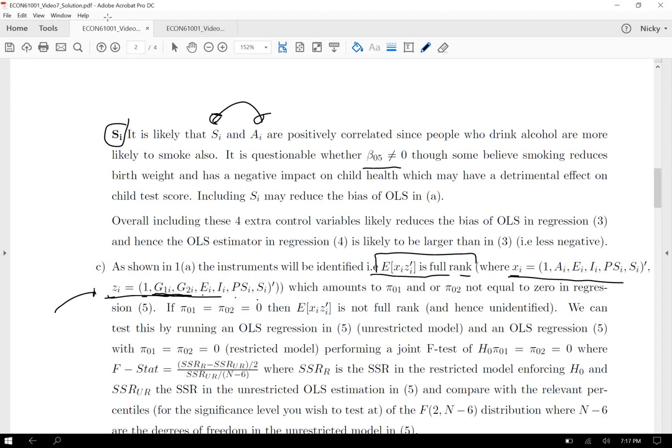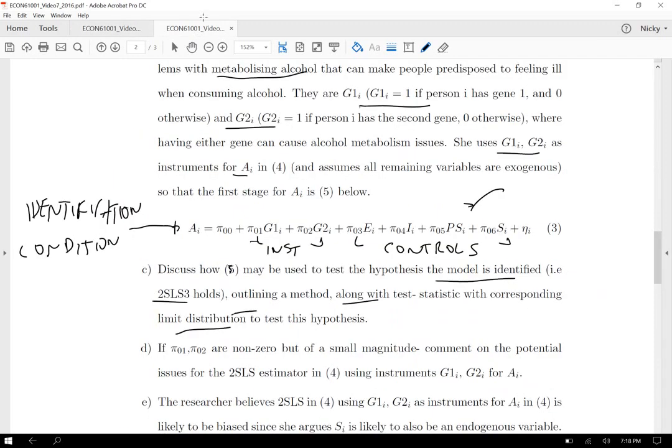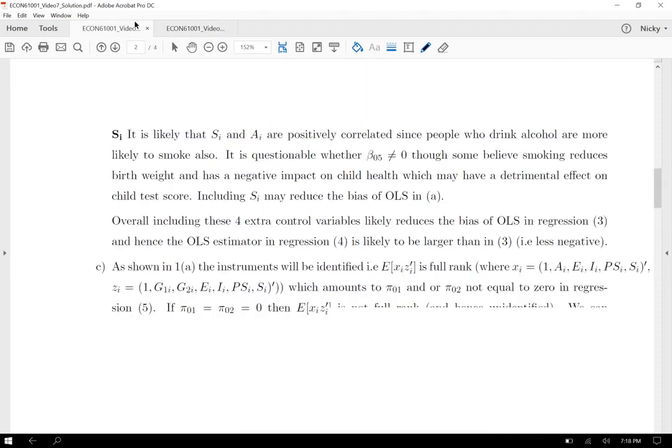Okay, so then, and this was one of the questions in exercise 7, in order for this to be full rank, and you've shown this in another example, we have to have that either pi naught 1 or pi naught 2 are not equal to 0. You could work out this matrix here, multiply x by z, and if both pi naught 1 and pi naught 2 are equal to naught, in essence, it says that the instruments do not affect A, and then this matrix will not be full rank.